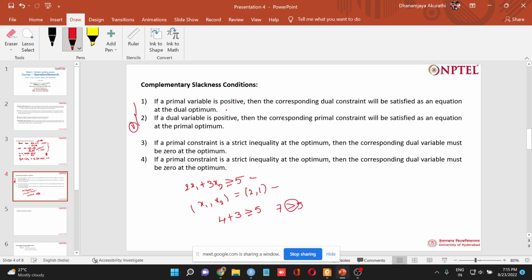With the help of these conditions, we can easily check whether we are going the correct way or not while solving an LPP. And in the same way, if a primal constraint is a strict inequality at the optimum, then the corresponding dual variable must be 0 at the dual optimum.